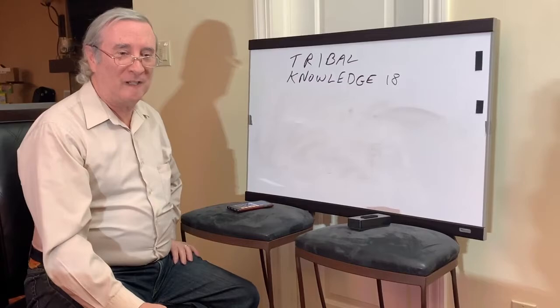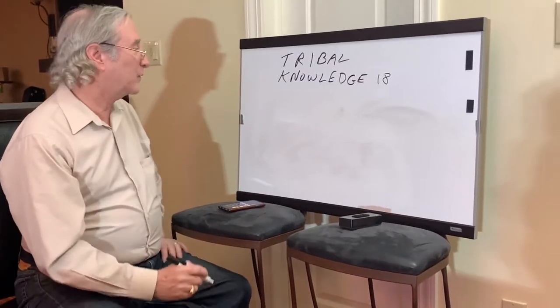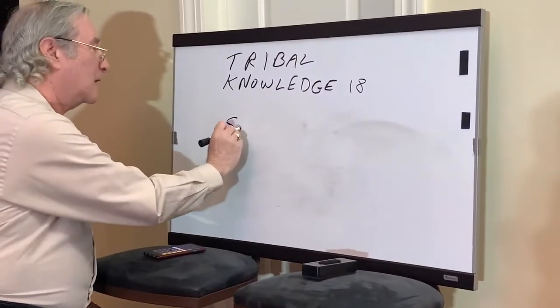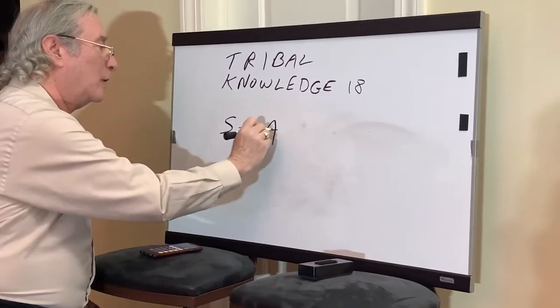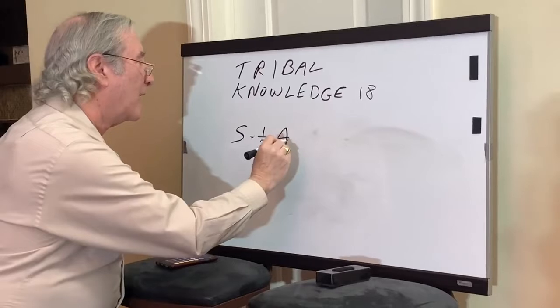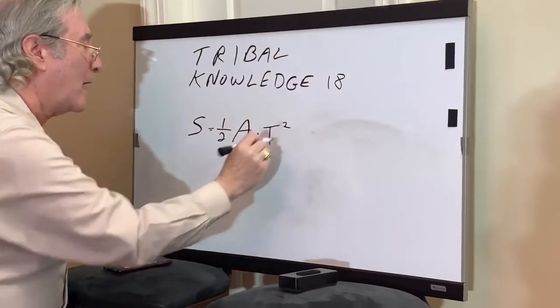Another basic formula in physics is all about falling bodies. And the formula is displacement, letter S, equals 1/2 the acceleration on Earth, talking about falling bodies, 1/2 A times the time squared.